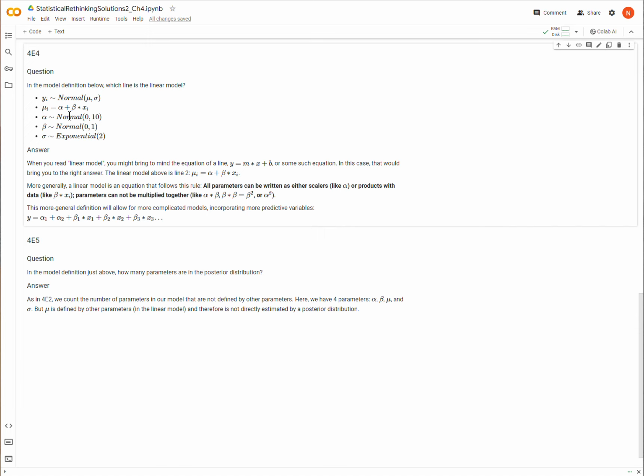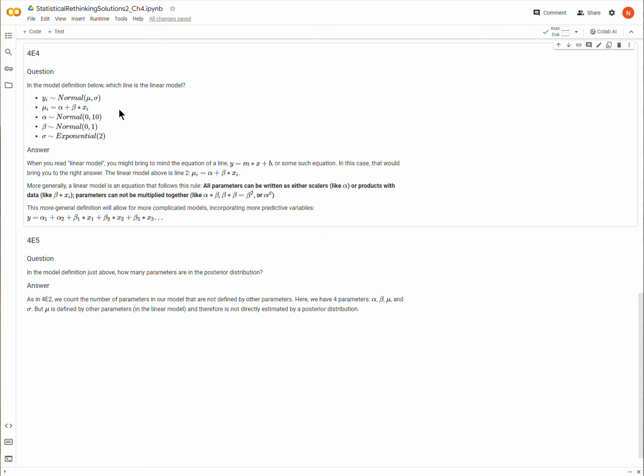the second line here is the only one that is an equation, but it also seems to pattern match the equation of a line. But instead of b, we have this single term alpha, and instead of mx, we have beta x. And in this case, that would give you the right answer.